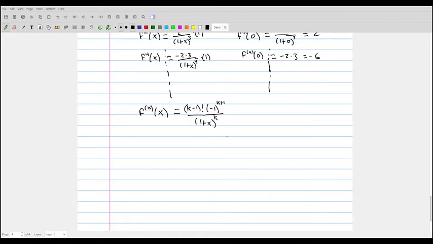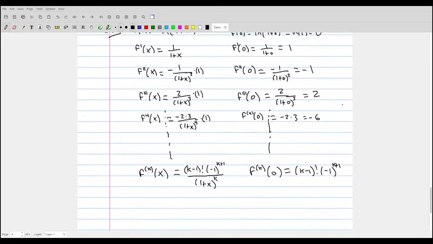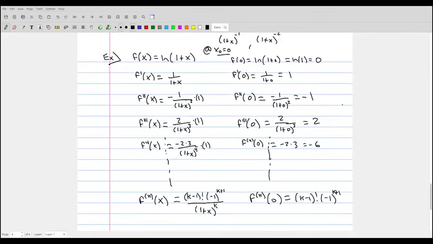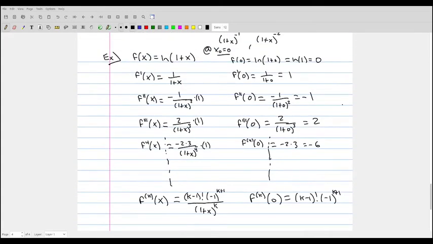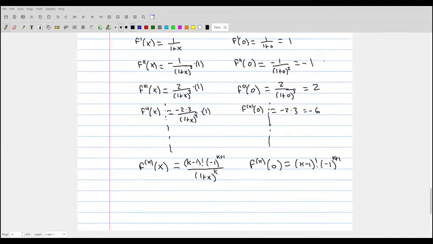We don't have to write the times 1 if we don't want to. Which gives us that the kth derivative in general at 0 is k minus 1 factorial times negative 1 to the k plus 1. This gives us this oscillating term. And this is starting at k equals 1, because at k equals 0, the value of the function is 0.